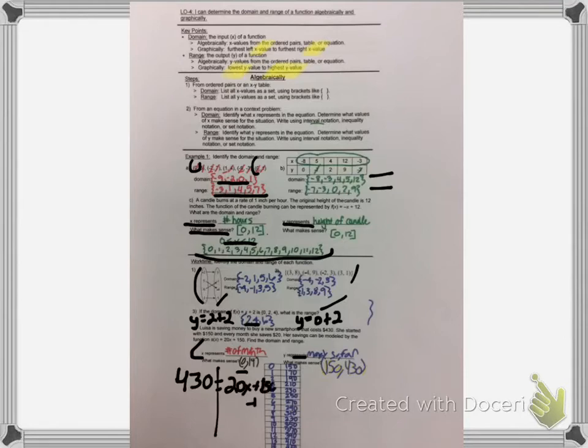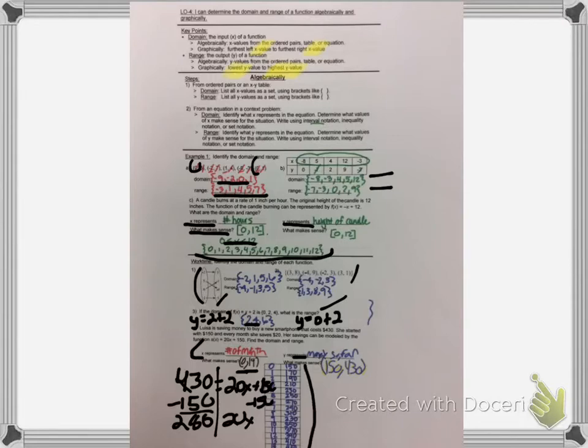So subtract 150, subtract 150, you get 280 divided by 20, and you're going to get 14. Alright, and so that's where the second part of your domain comes in, because the highest you're going to go is the 14, because that's the money you're trying to save to. So it's going to take you 14 months, and then our table listed here shows us each month that we're saving.